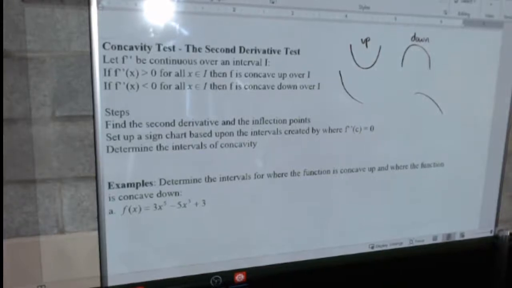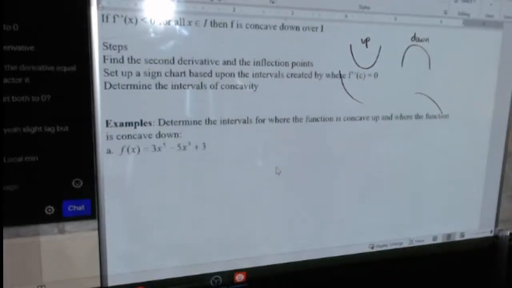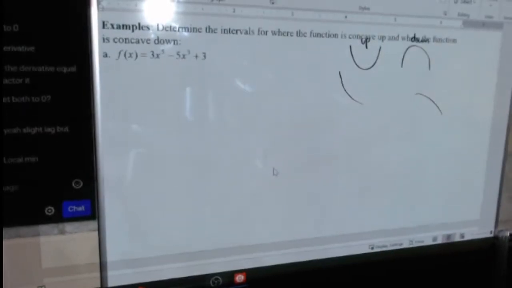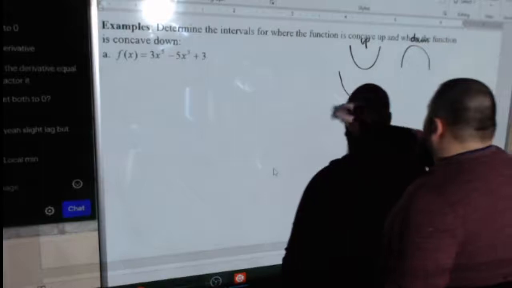We are still taking the derivative. We're still going to do our number line, and we're still going to look at our chart. So everything is pretty much the same, just now with the second derivative. So again, let me demonstrate.